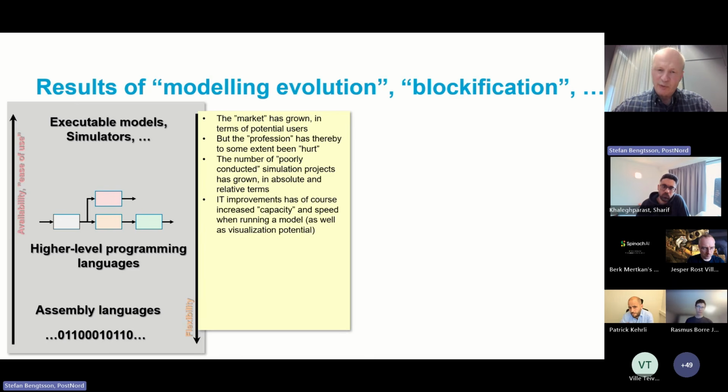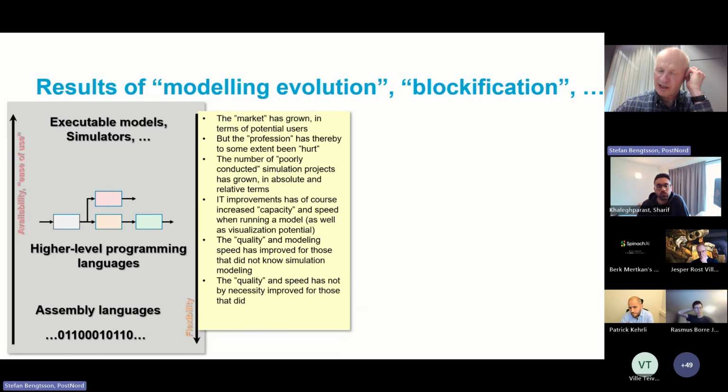IT improvements has of course increased the capacity and speed when running a model, but the quality and modeling speed, it has improved for those that did not know simulation modeling, but not by necessity for those that already did.